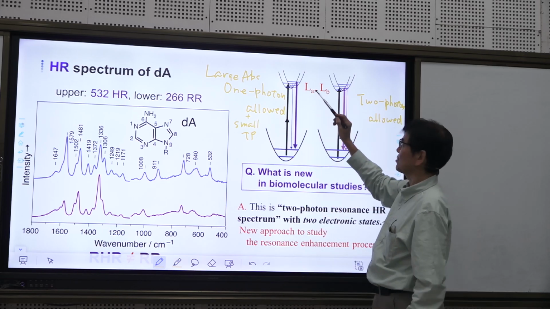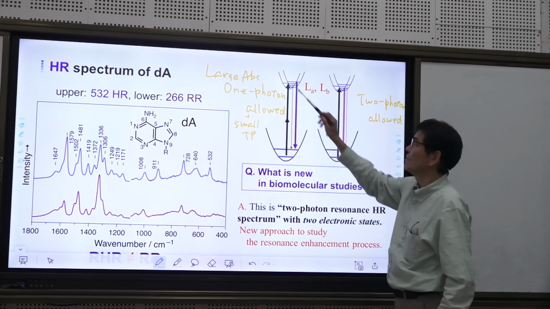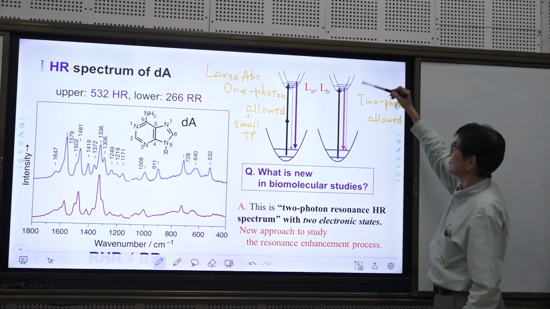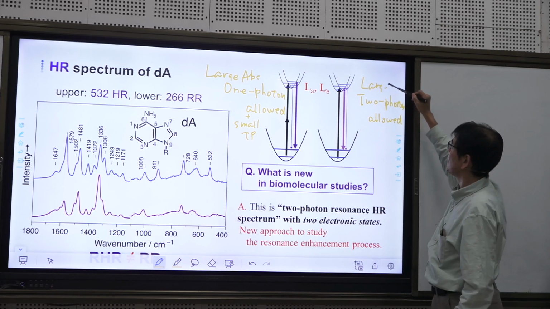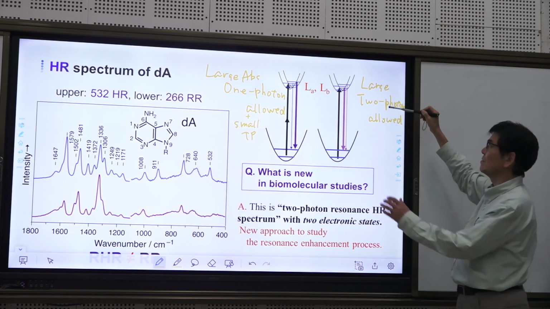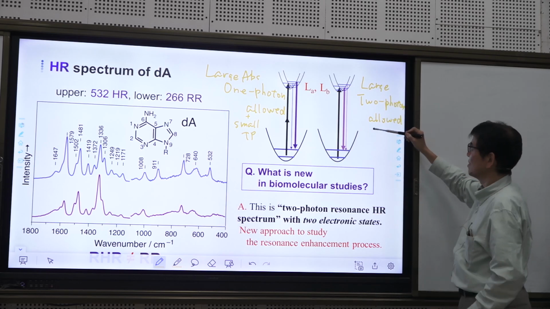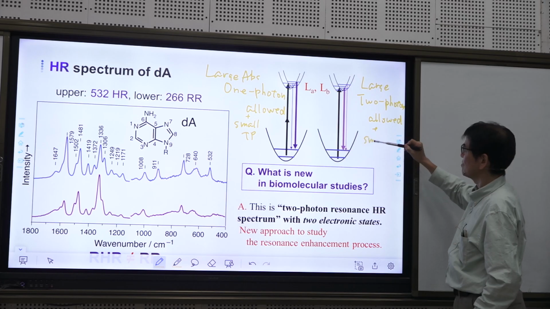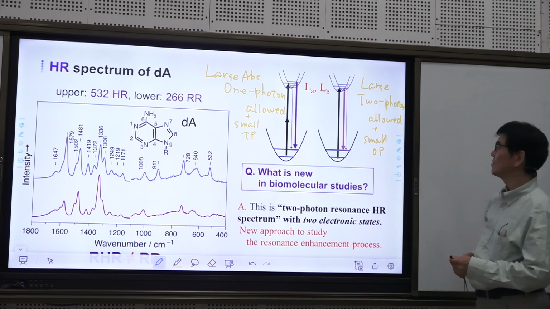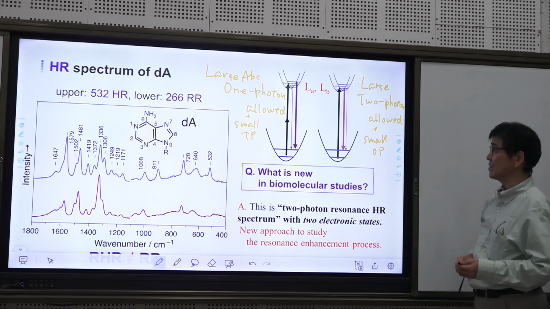One state should have such a property. The other state, large two photon absorption cross-section and small one photon absorption probability.